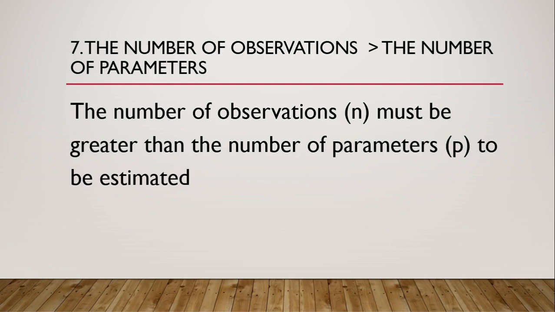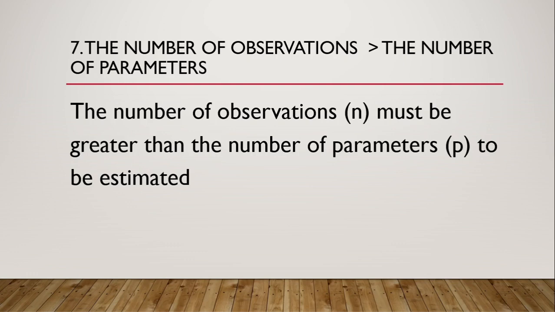This is the next assumption, that is, the number of observations must be greater than the number of parameters. Usually we use the letter n to represent the number of observations, and it must be greater than the number of parameters. Usually k is used to denote the number of parameters.